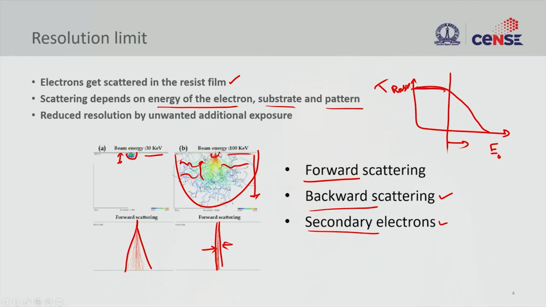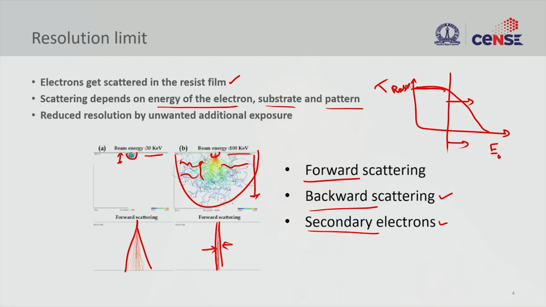But unfortunately, because of the secondary scattering, you are pushing this further, so all the adjacent regions also get exposed. So when you are choosing your accelerating voltage, make sure that you know what kind of feature sizes you are looking for and what resolution you want.